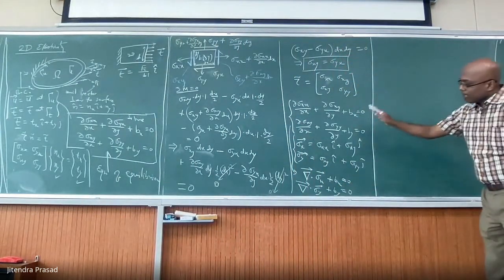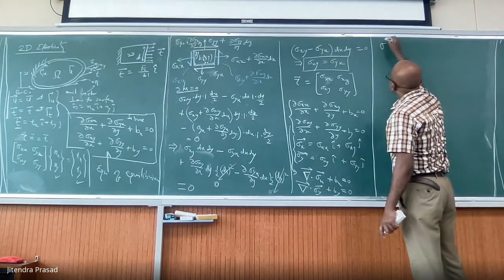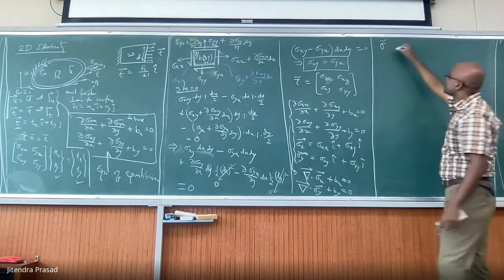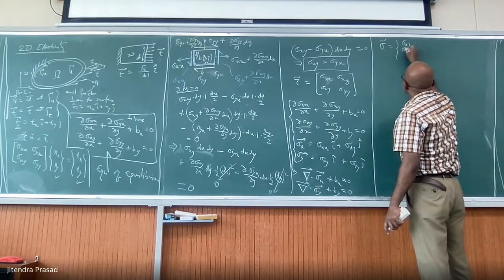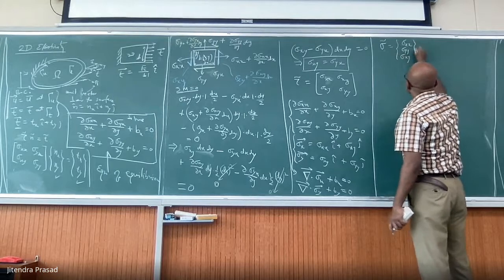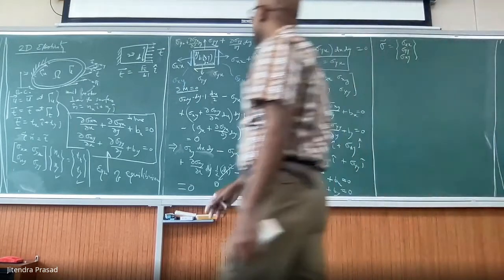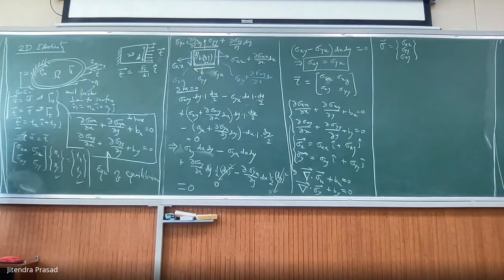Okay. Now we can also define the sigma vector. Sigma vector itself, we can define like sigma xx, sigma yy, and sigma xy. Sigma is a tensor, but you know that in that tensor, these two are the same, so you can also represent it as a vector.